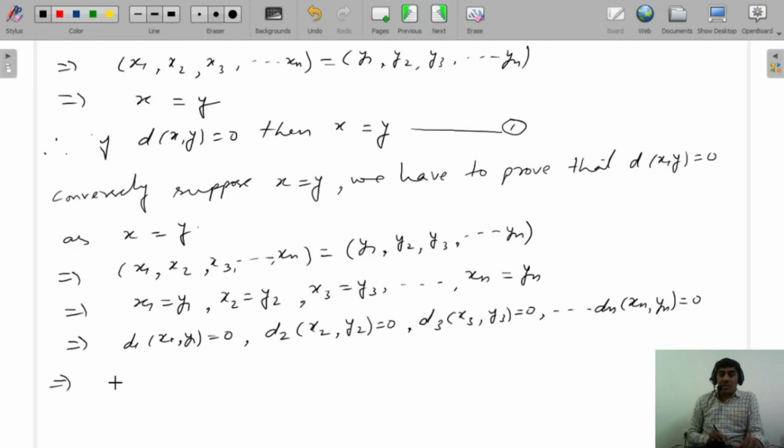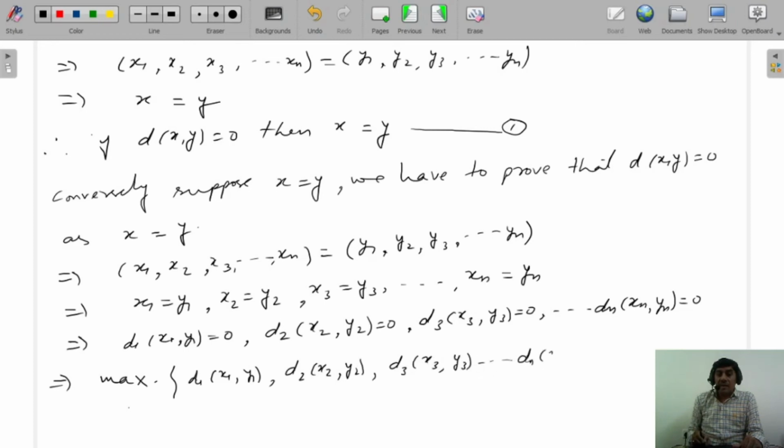This implies maximum of d1(x1, y1), d2(x2, y2), d3(x3, y3), and so on, dn(xn, yn) is equal to 0.